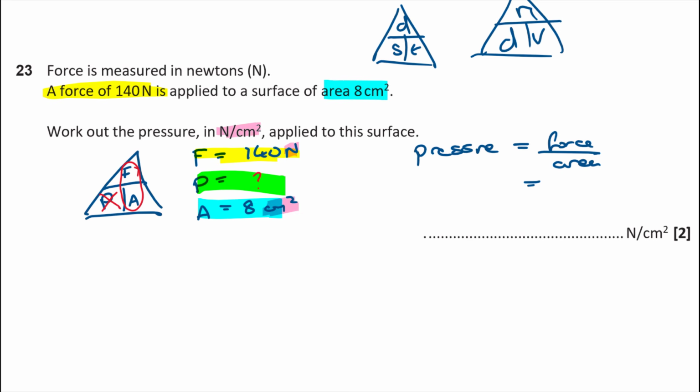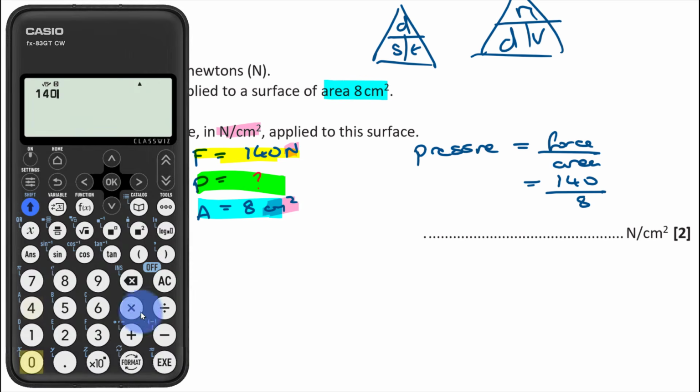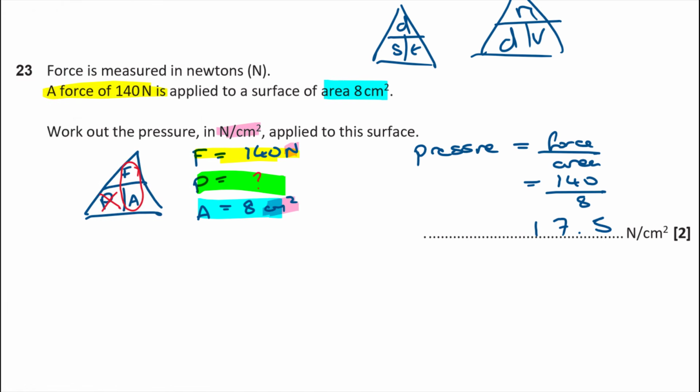You need to make sure it's in the units you want it to be before you do the calculation. But this is all fine. It all matches up nicely. So I just need to do 140 divided by 8 and work it out. So what is 140 divided by 8? It is 17.5. So it's 17.5 newtons per square centimetre of pressure.